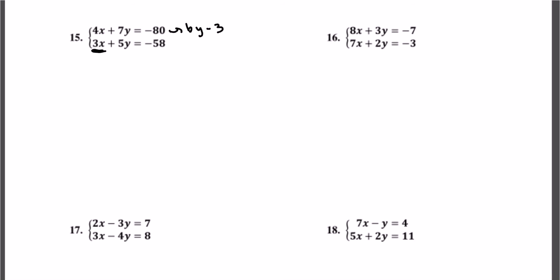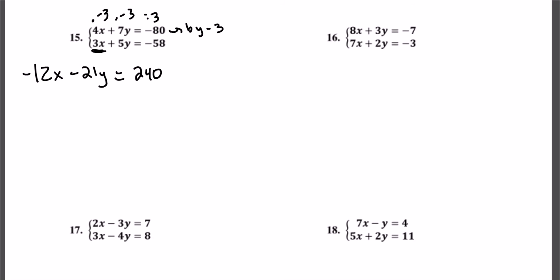I know that one of them has to be negative that I multiply by because the x's are both positive. So that gives me negative 12x minus, or equals, sorry, negative 3 times negative 80 is positive 240.